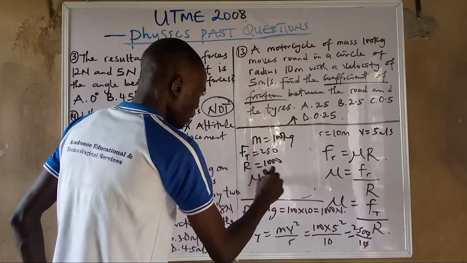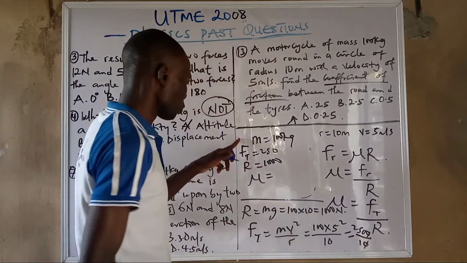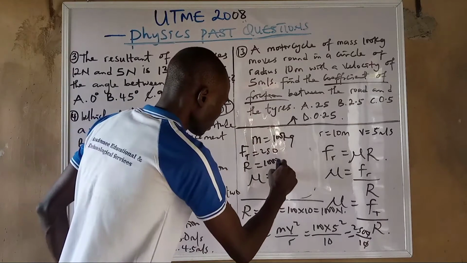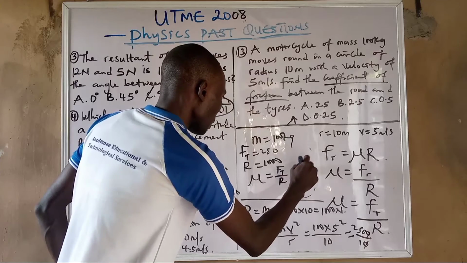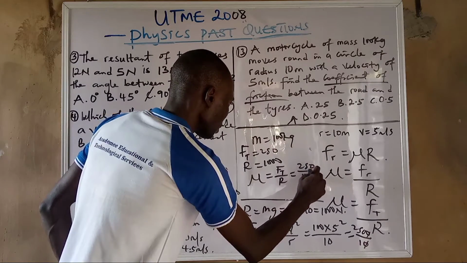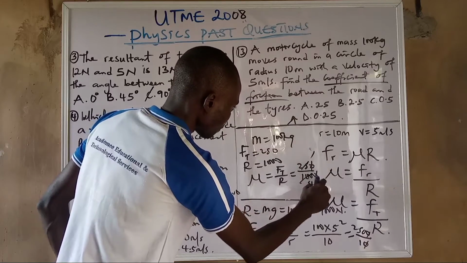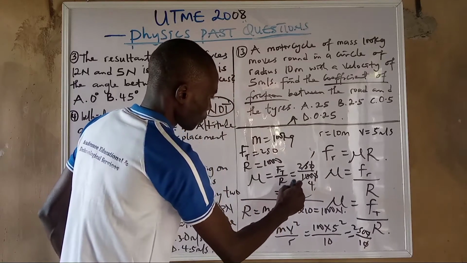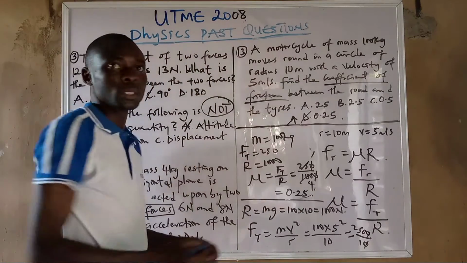So the coefficient of friction, which is a ratio of the centripetal force and the normal reaction, means we put them together, telling us that we're having 250 over 1000. So this is 25 here 1, 25 here 4, 1 over 4. 1 over 4 should be 0.25, and that should be option D.